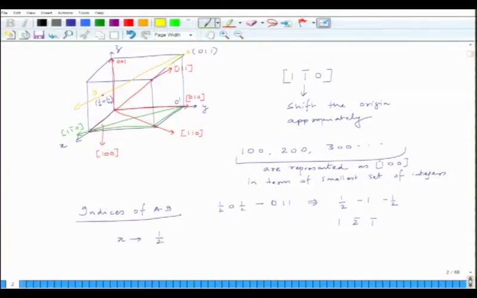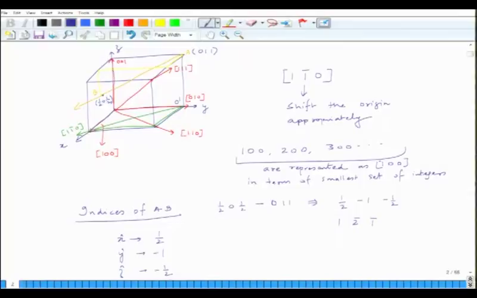Now I go along y, so along y I have moved minus 1, and then along z I have gone minus half.